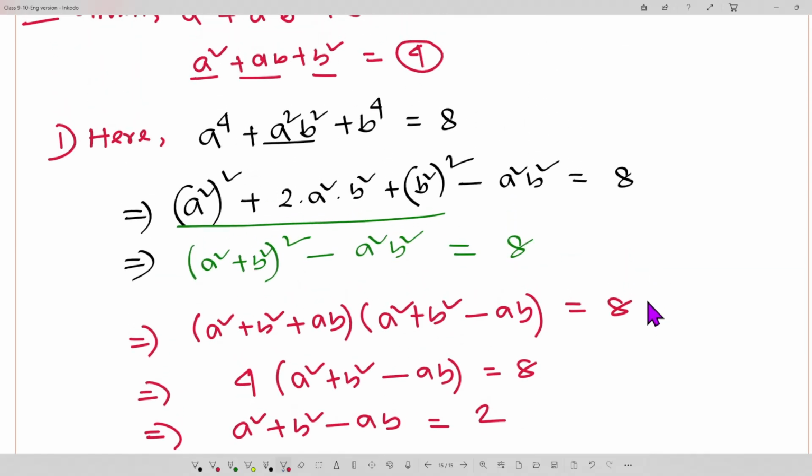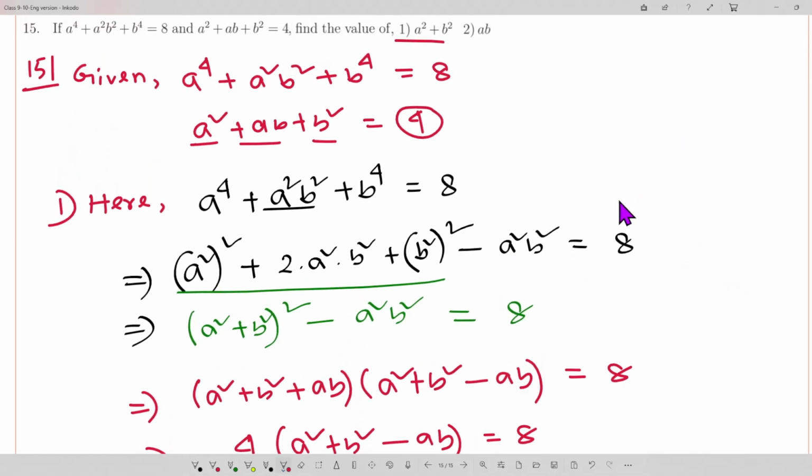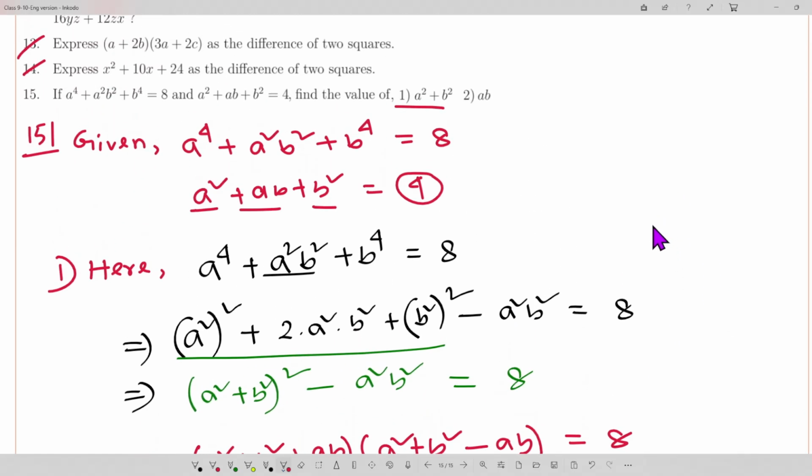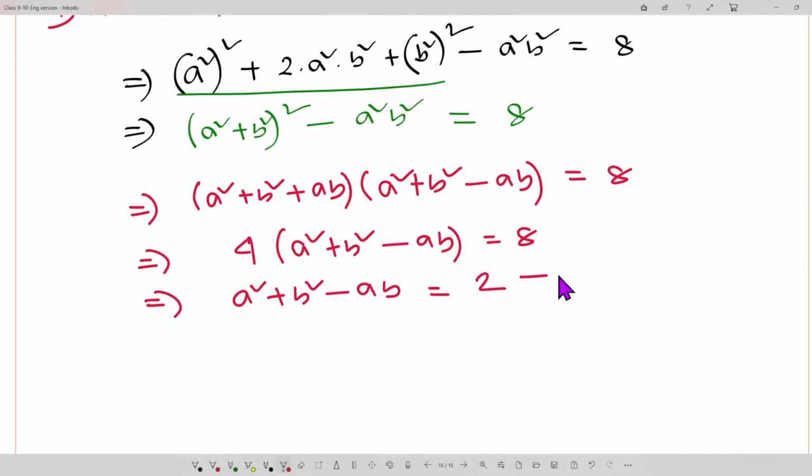Okay, but we are not getting our result. So a squared plus ab plus b squared we can call equation 1, and this one we can call equation 2.